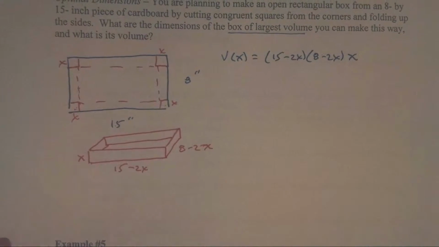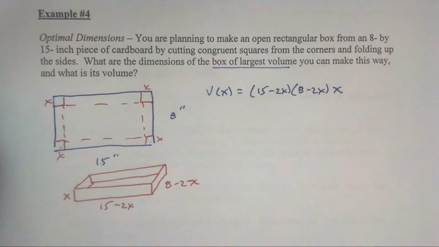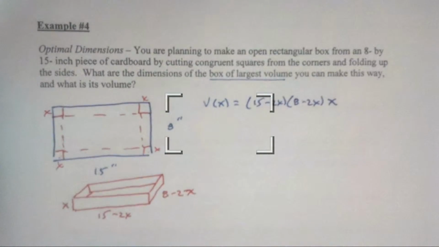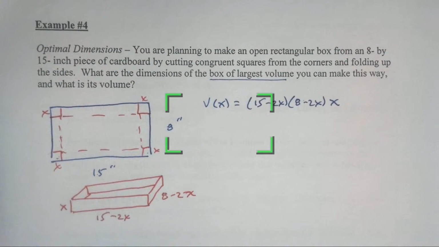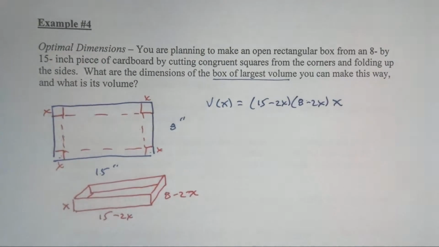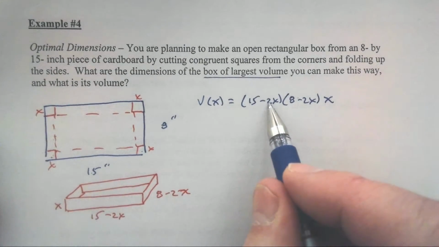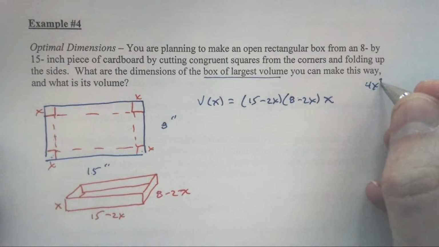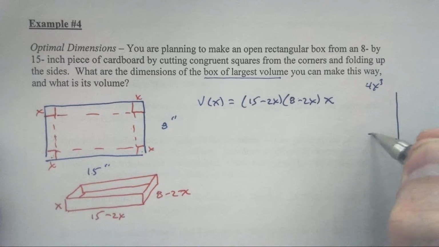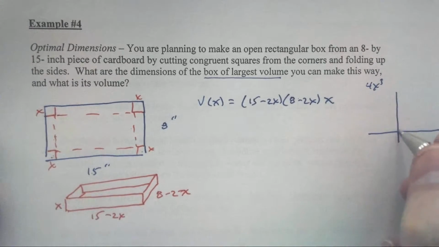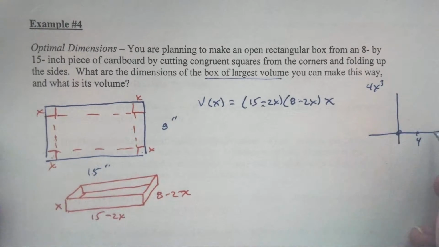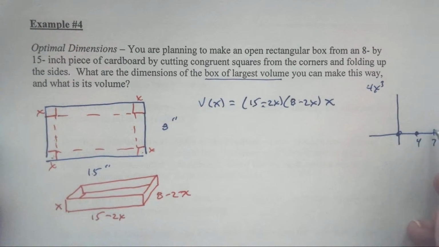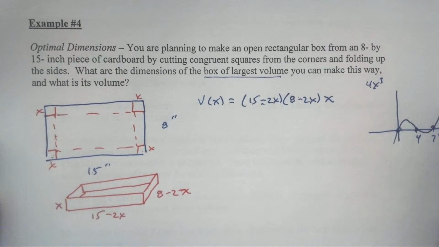In fact, I know that this function, after I foil and distribute it, if I just multiply the x's, I get 4x squared times x. This is a positive 4x cubed. I already know that there are zeros at 0, at 4, and at 7.5. And I know it's a positive cubic, so it wants to look something like that.